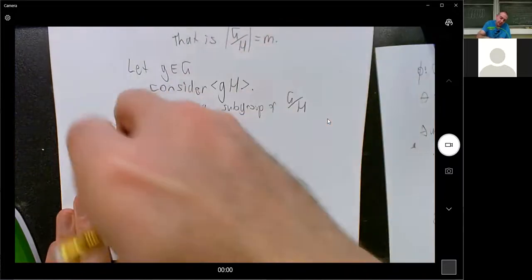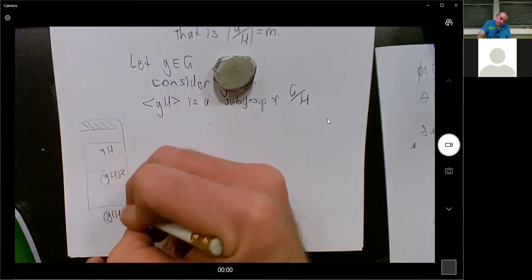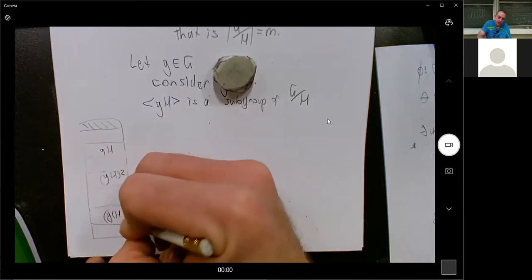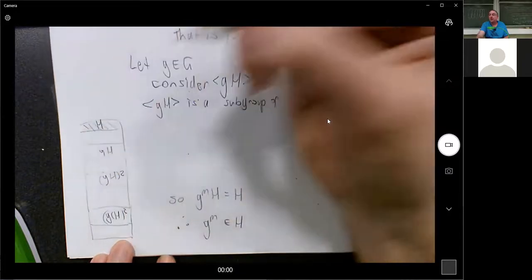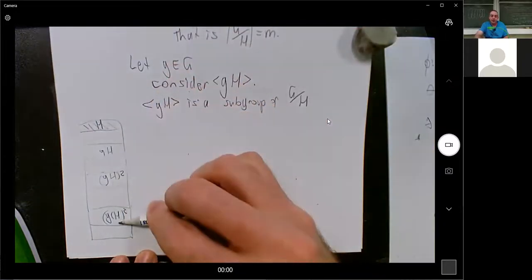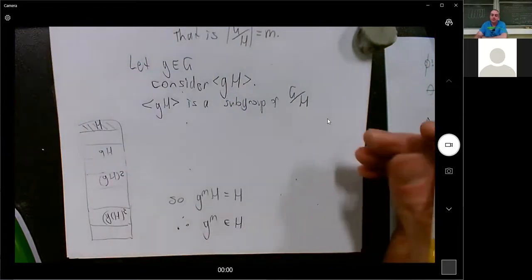Here's gH squared, here's gH cubed, and then gH to the power 4 is H again, for example. And so these four things are a subgroup of the factor group.